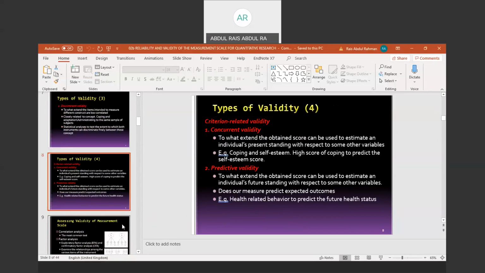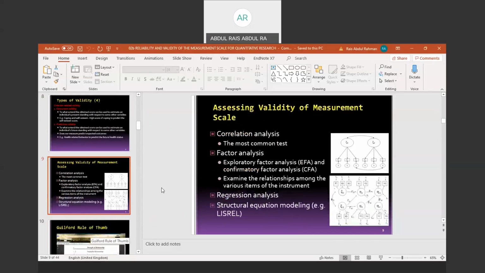Alright, pendek kata, validity ni kita measure adakah kita punya items tu memang sah untuk mewakili variable dalam satu construct tersebut. So that is what measuring validity is all about.